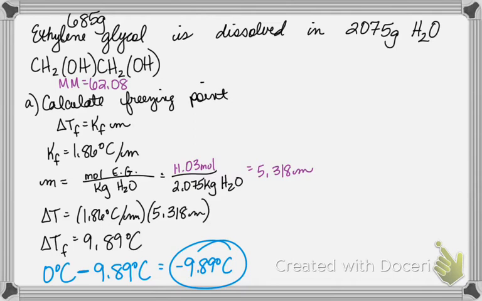Okay, now I don't mean to insult your intelligence, but the answer to the freezing point is not always just the negative of the change, right? It just works out this way because water's freezing point is 0 degrees Celsius. If you had been putting this ethylene glycol in benzene, well, benzene's freezing point is 5.5. So you would have had to say 5.5 minus 9.89.